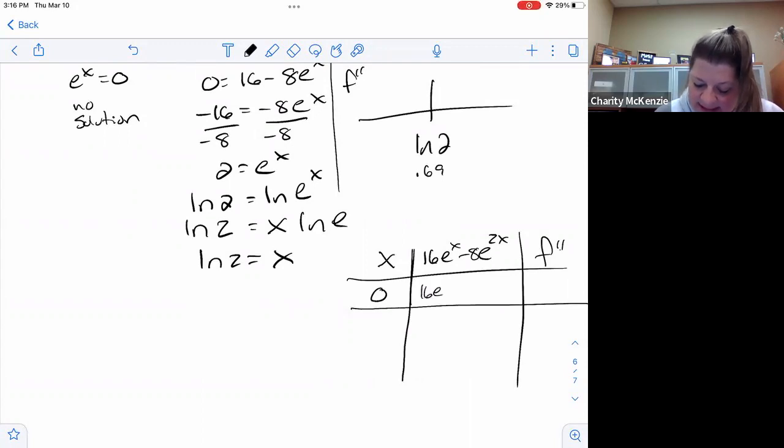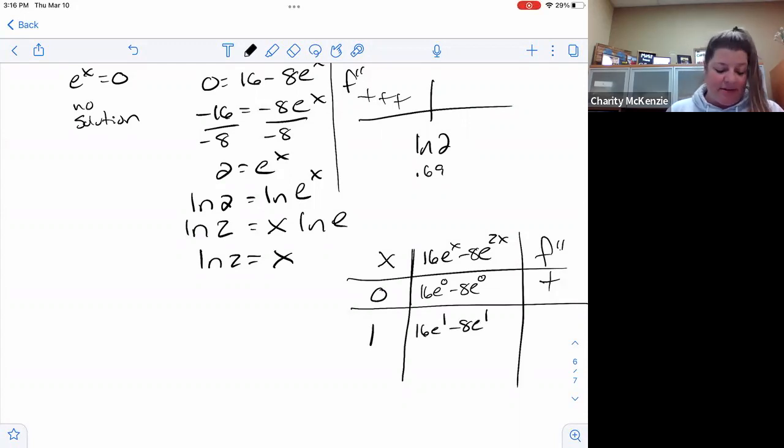Well, 16 e to the 0 minus 8 e to the 0, because 2 times 0. That's going to give me 16 minus 8, so that's going to give me a positive answer. So positive, positive, positive. And then on the other side, I don't know, maybe use 1. So 16 e to the 1 minus 8 e to the 1.